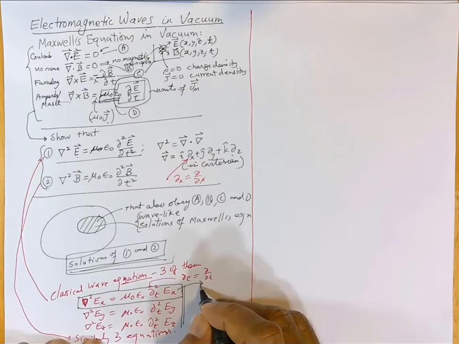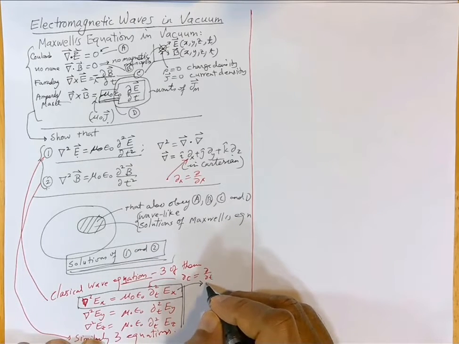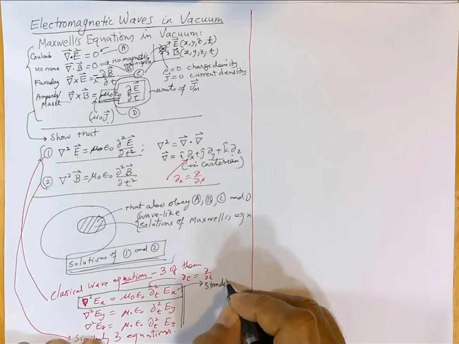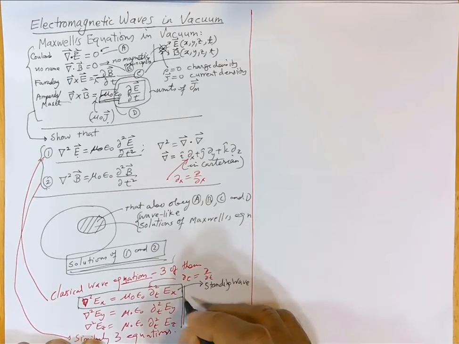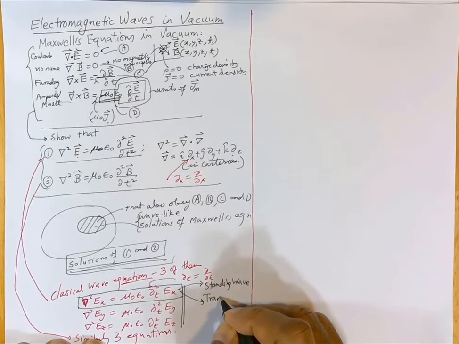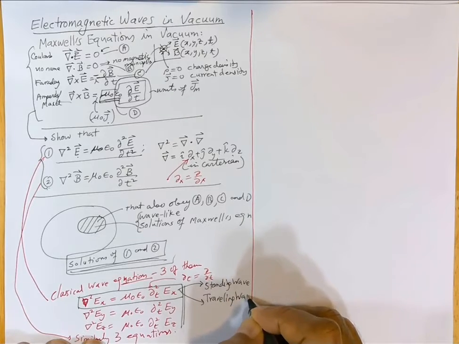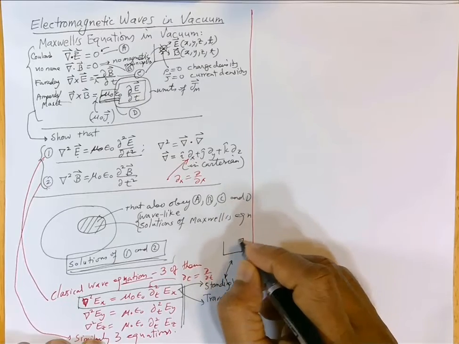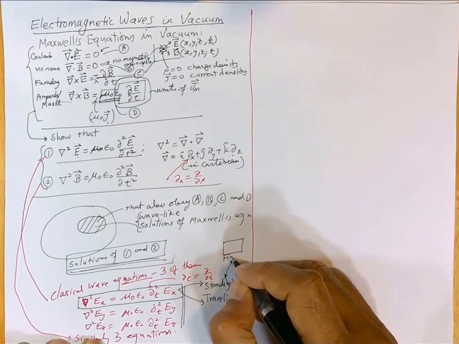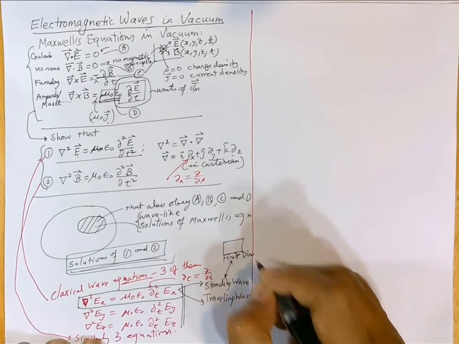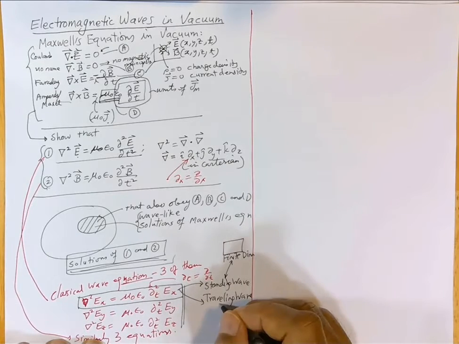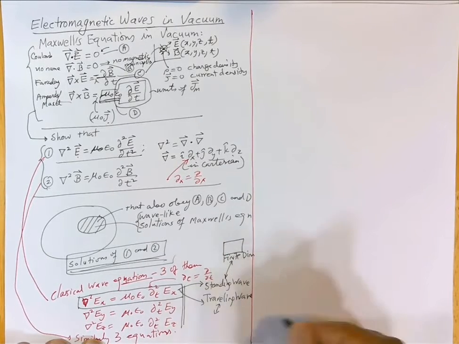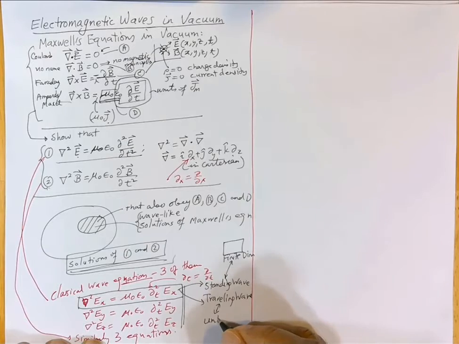So we have a choice between standing wave or traveling wave. So standing wave will be the case if my system is finite dimensional. And traveling wave will be the case when it is unbounded, right? Dimension.